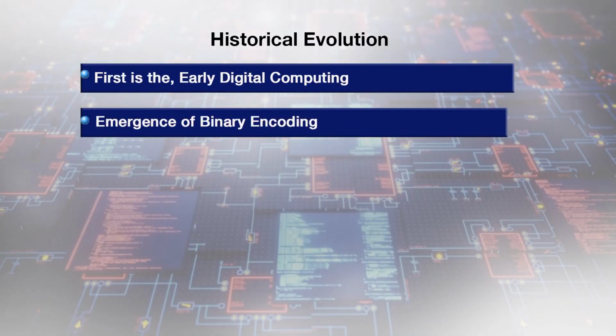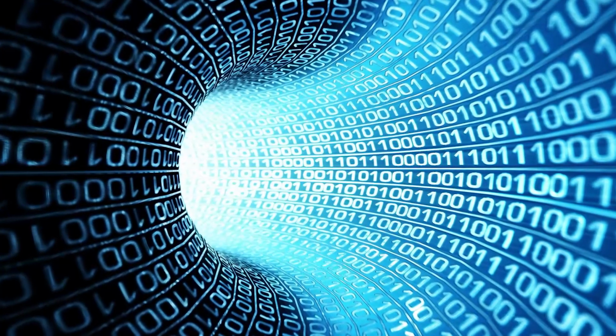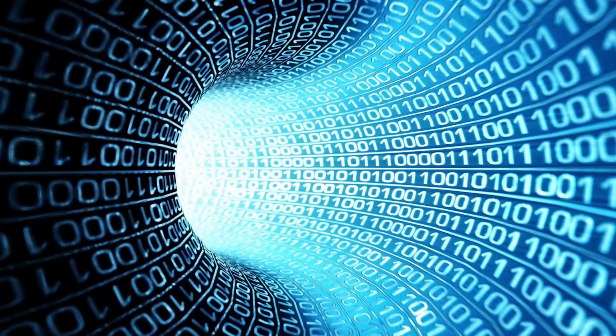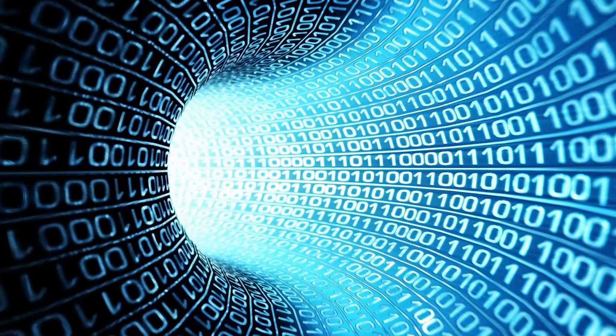Then the second historical event was the emergence of binary encoding in around the 1940s. Binary encoding, representing information as a sequence of zeros and ones, became fundamental to digital computing. It was essential for encoding data for processing in early computers.